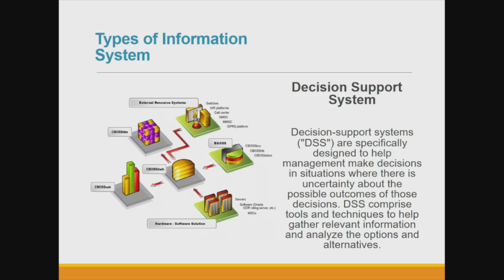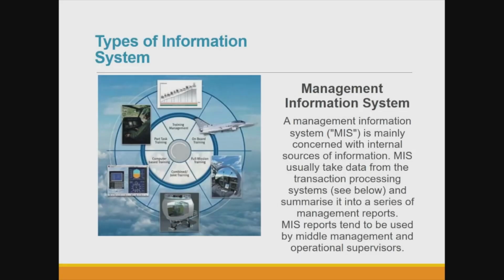Okay, the next part is about the management information system, also known as the MIS. This MIS is mainly concerned with internal source information, and MIS usually takes data from the transaction processing, the transaction processing under the operation management.